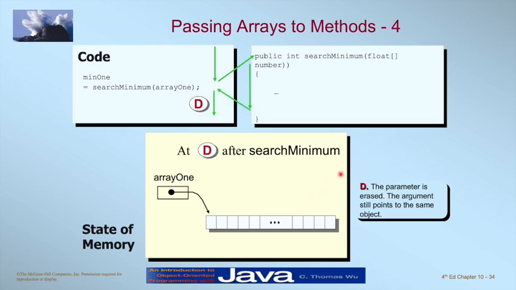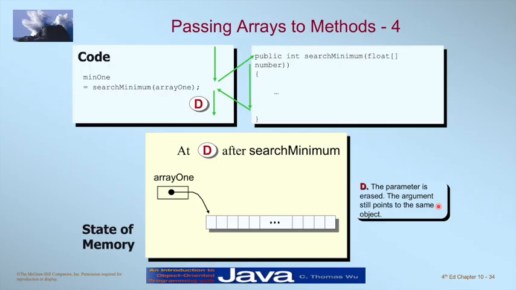And then the parameter is erased, but the argument still points to the same object like we did earlier. We erase the value, and the argument is still referring to the same object. I hope you understand how arrays work and how you can use them in your program.